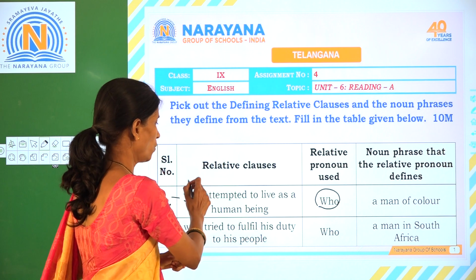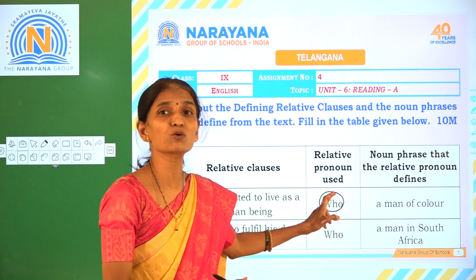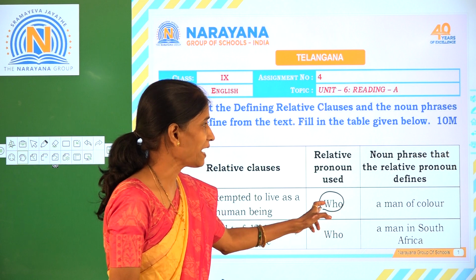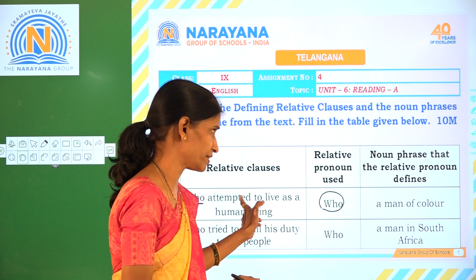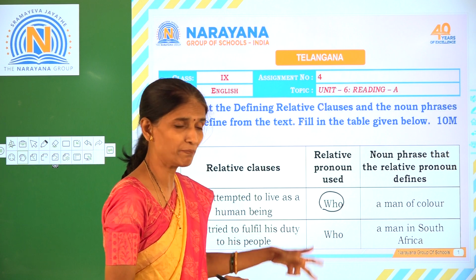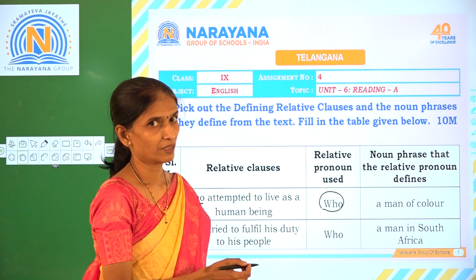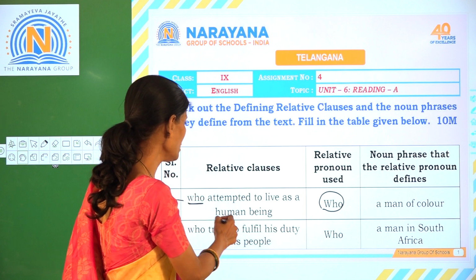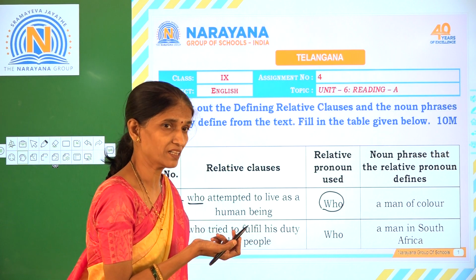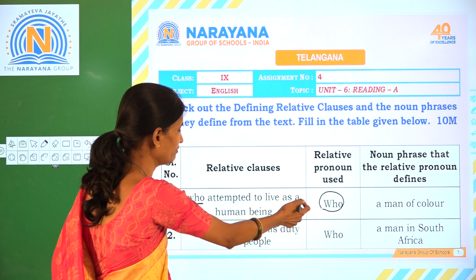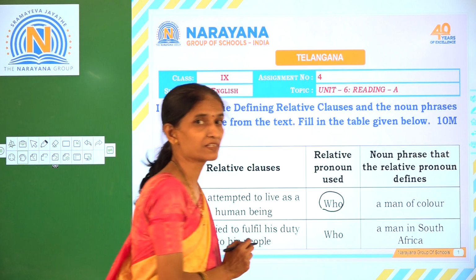Who attempted to live as a human being, the relative pronoun here is who, and the noun phrase that this clause is describing is a man of color. What kind of man is he? A man who attempted to live as a human being. So this clause defines this subject.